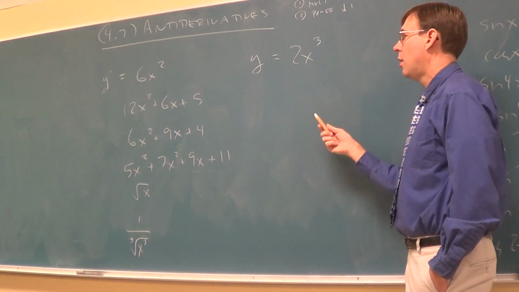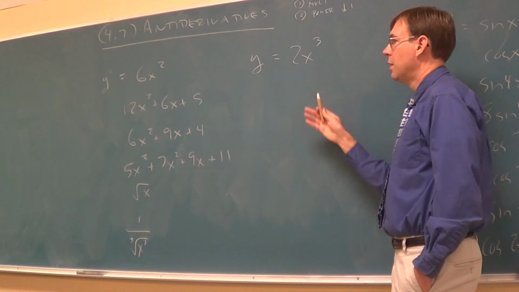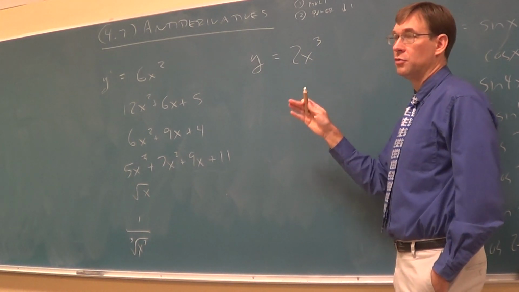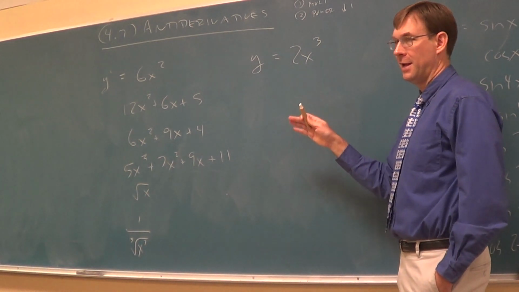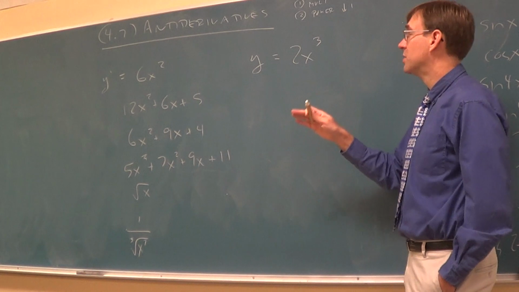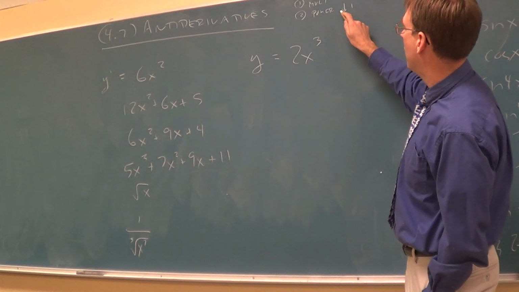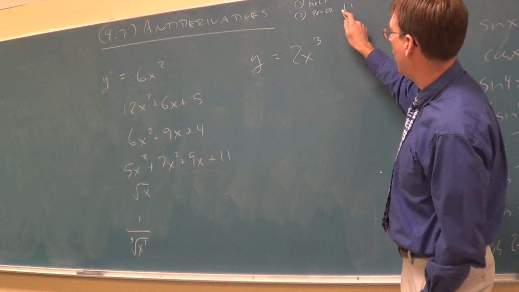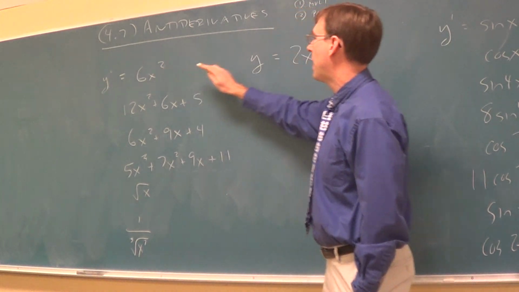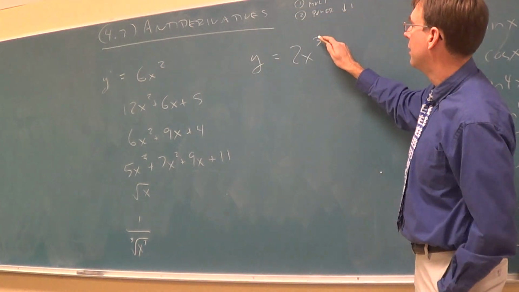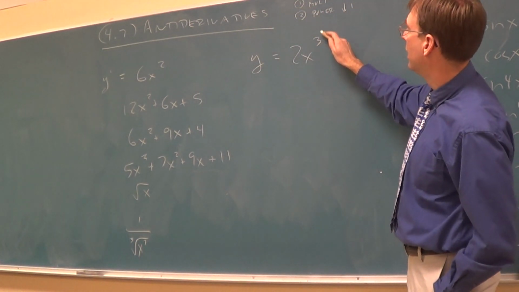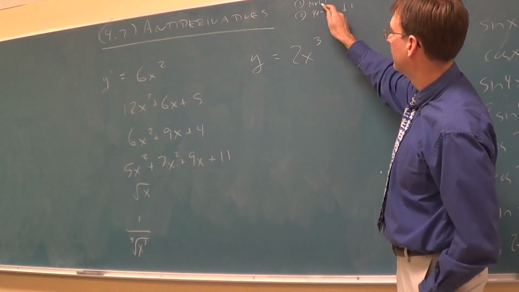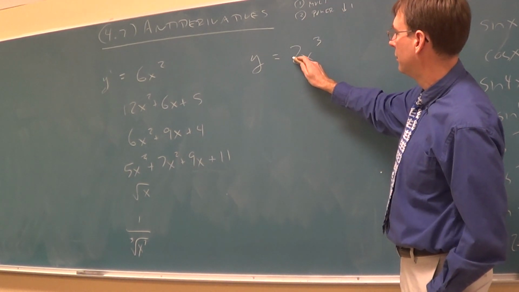If we're going to go in the opposite system, we have to do the opposite stuff, but also do it in the opposite order. So instead of finishing with power down 1, you have to start with power up 1. Then you take that new power, and instead of multiplying in front, you'll have to divide.